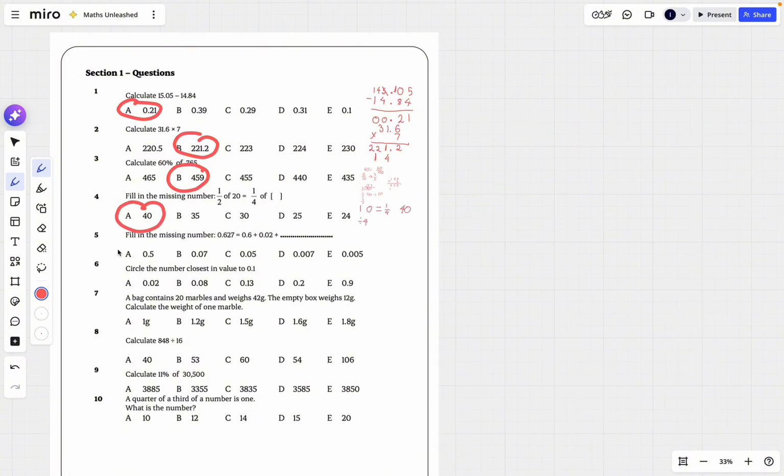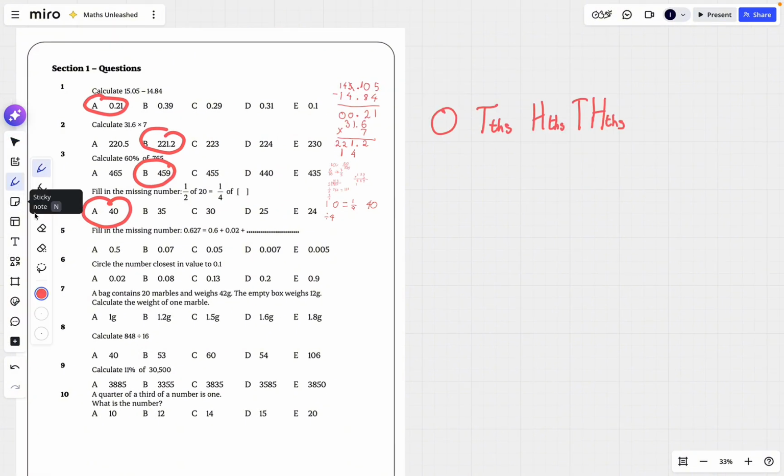The next question is another fill in the missing number. So 0.627 is 0.6 plus 0.2 plus something. This is a question that requires a place value grid. Now that we have this place value grid, we can fill it in. So in 0.627, there are 0 ones, 6 tenths, 2 hundredths, and 7 thousandths.